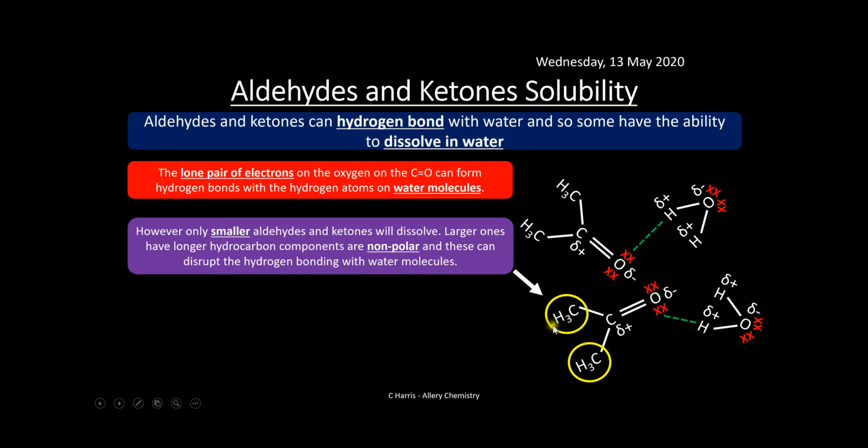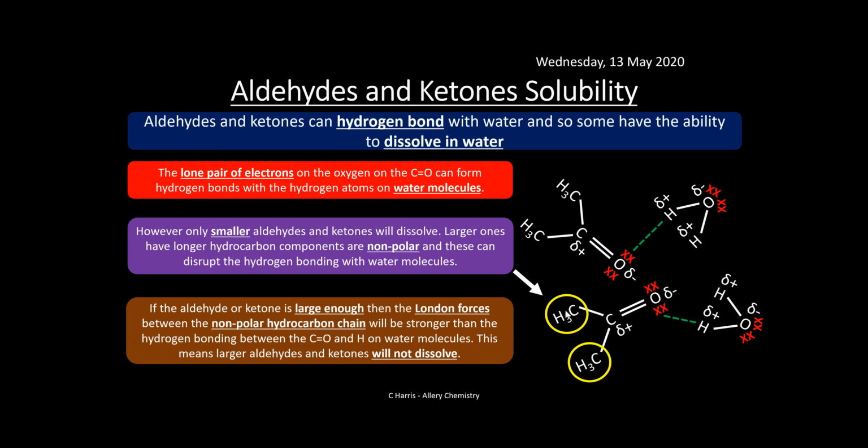The longer that chain is, the less soluble it is going to be in water. If the aldehyde or ketone is large enough, then the London forces between the non-polar hydrocarbon chains will be stronger than the hydrogen bonding between the carbonyl group and the hydrogen on the water molecules, and this means they won't dissolve. So it is all to do with the length of that chain.